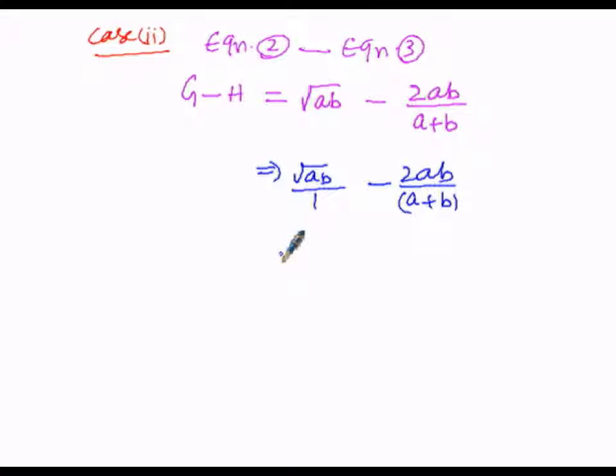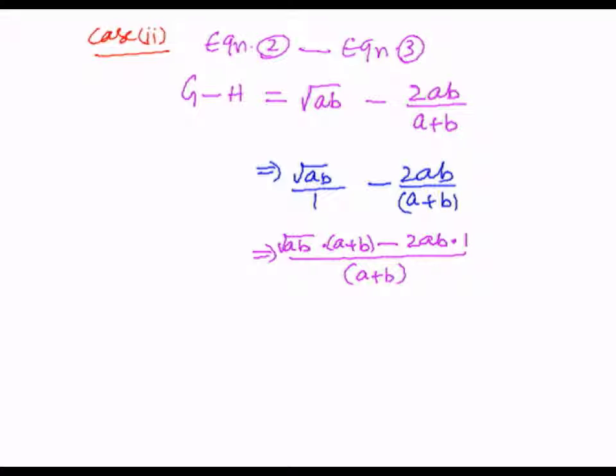Now the next logical step: the LCM of 1 and a plus b will be a plus b in brackets. The numerator root of ab is written as it is, multiplied by a plus b overall divided by a plus b, so both get cancelled once, and a plus b ones is a plus b.